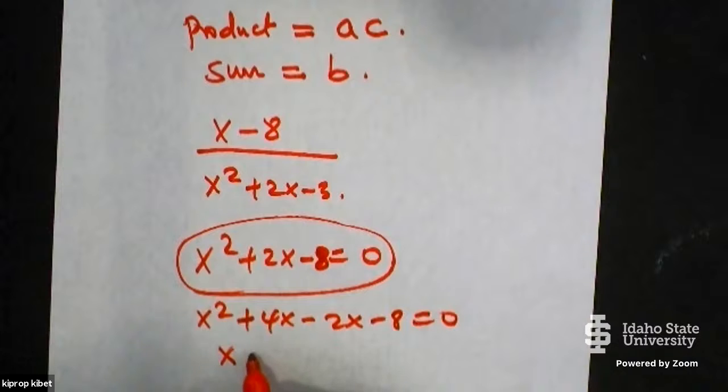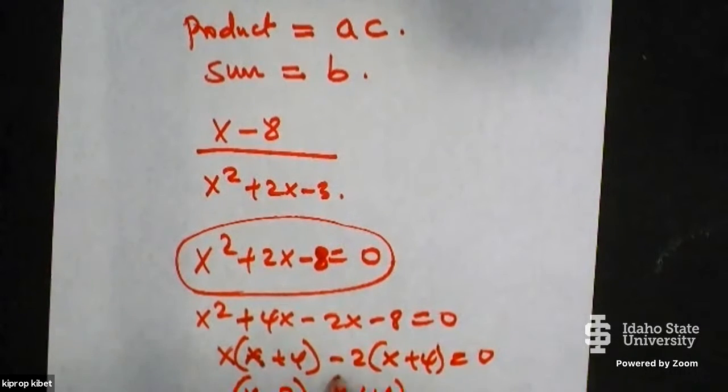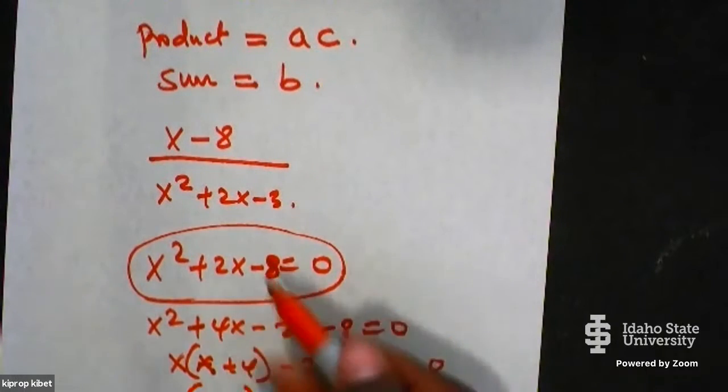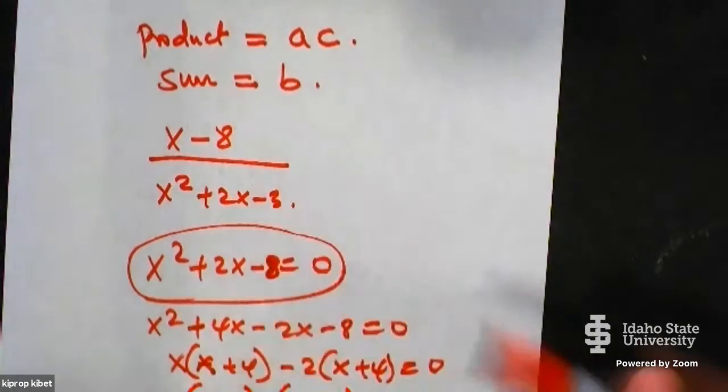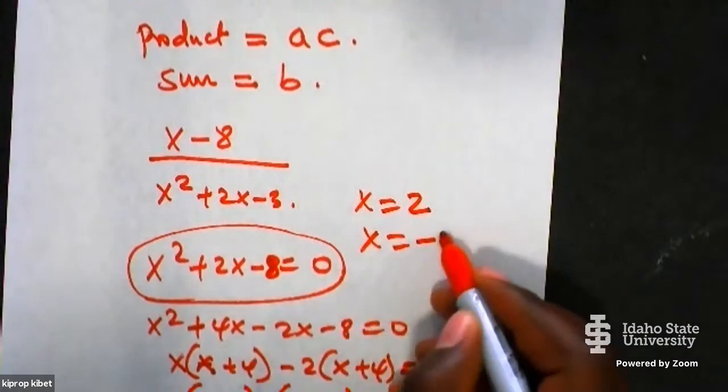So x(x plus 4) minus 2(x plus 4) equals 0. So (x minus 2)(x plus 4) equals 0. So the values which will restrict our expression will be x equals 2 and x equals -4.